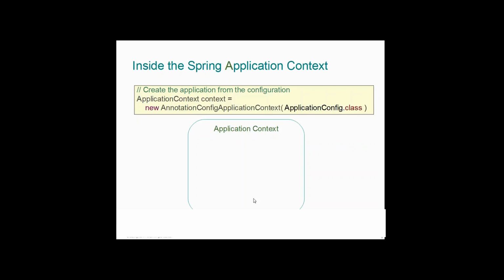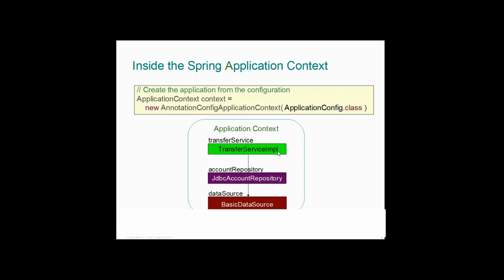Inside the Spring application context, when you create this annotation config application context, what happens behind the scenes is that first it creates a data source, which is a basic data source object. This object gets injected into the JDBC account repository, whose bean ID is account repository, and this object gets injected into a transfer service implementation, which is the transfer service object.